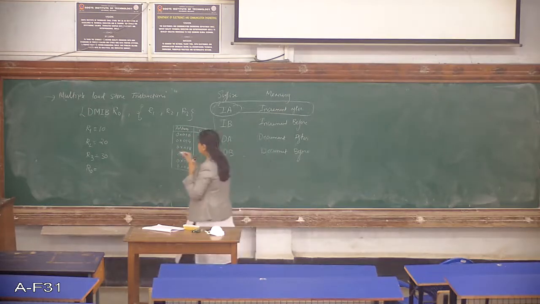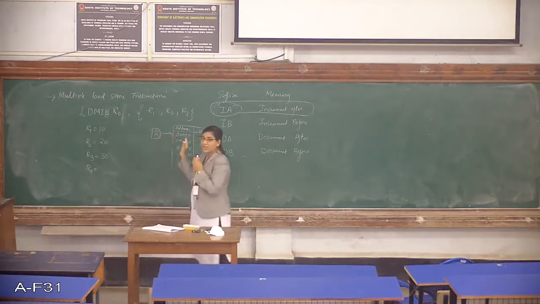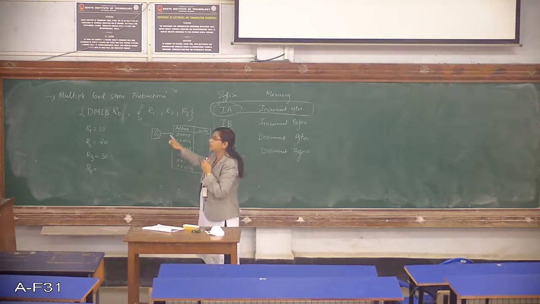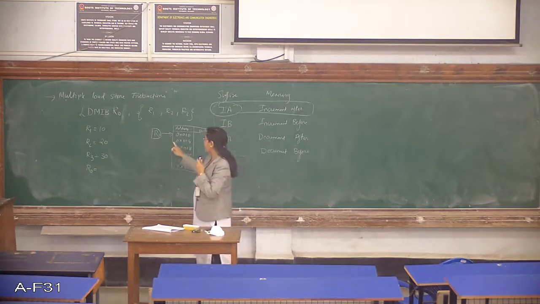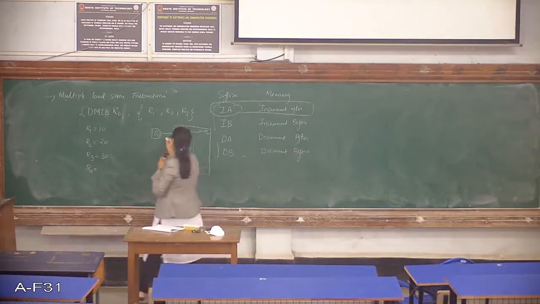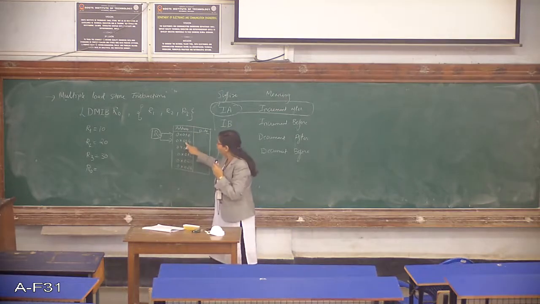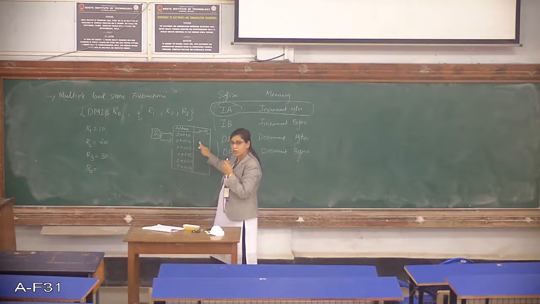Suppose R0 was pointing at this memory address. Before you load the data, you need to increment the pointer. So first you will be incrementing the pointer. Now the pointer will be pointing to this location, which is 0x014. And from this memory location, you will be loading the data.